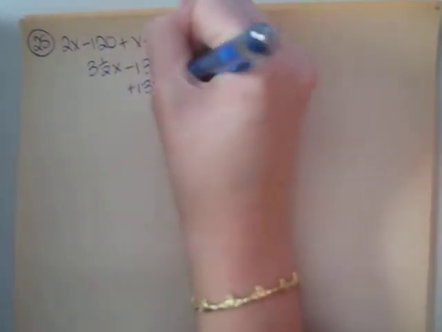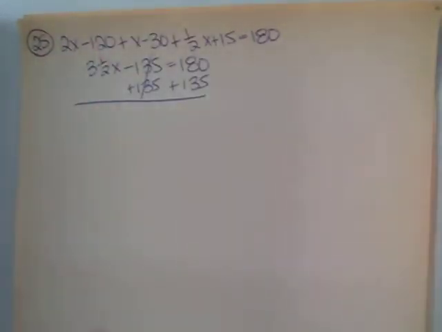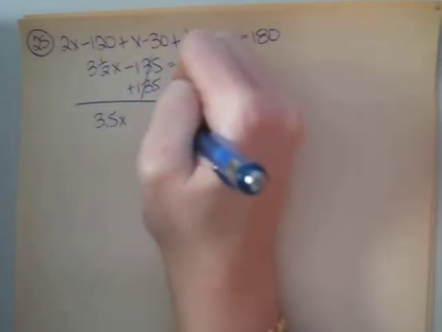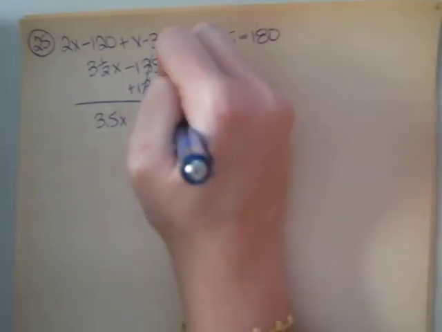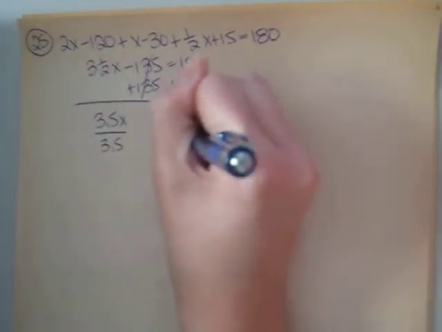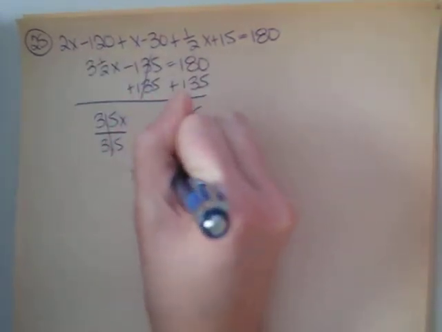Okay, add 135 to both sides. So I'm going to change this to 3.5x equals 315. Divide by 3.5. You get x equals 90.